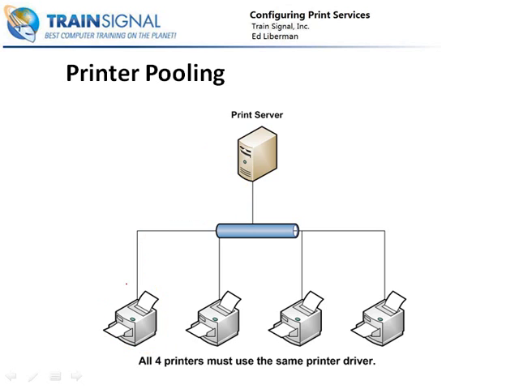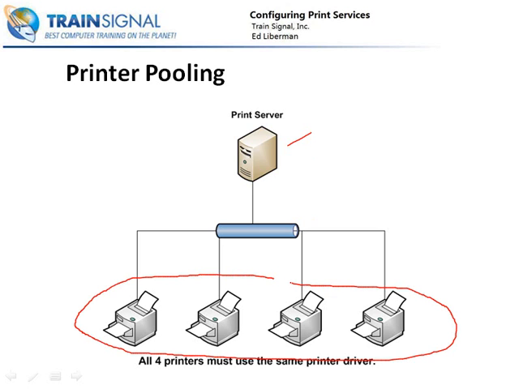Well, printer pooling is the opposite of that. As you can see here, not only do we have just the one print server, but there's only going to be one software printer installed, and then that one software printer will actually be physically connected to multiple ports, which then lead to multiple physical hardware devices.